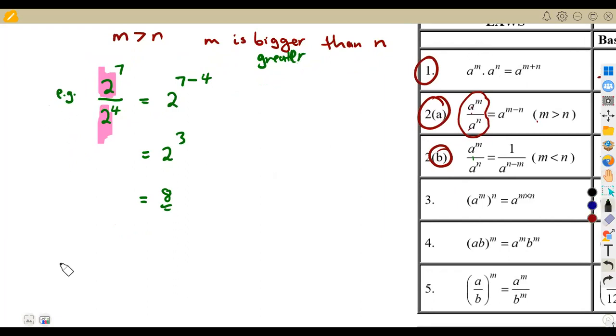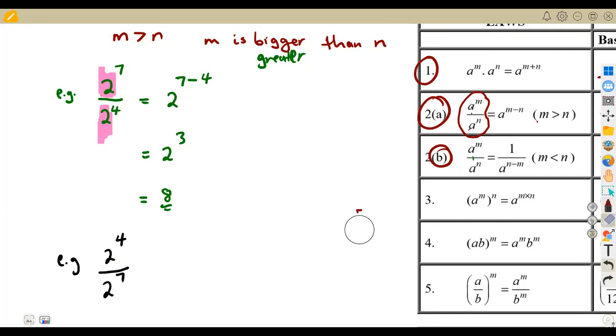Let us just reverse what we get here. 2 to the exponent of 4 this time is supposed to divide 2 to the exponent of 7. So if we take a closer look, this is less than this number. 4 compared to 7, it's smaller. 4 is here, 7 is there. So 4 is less than 7.